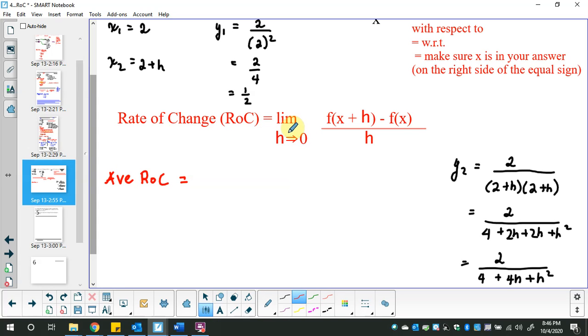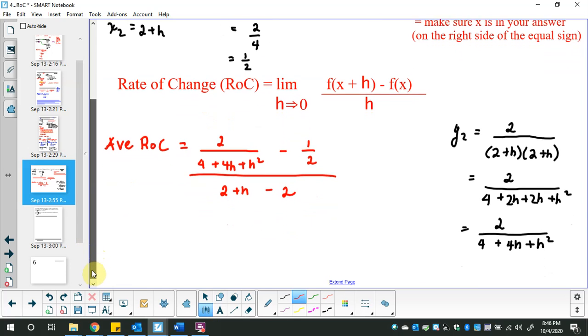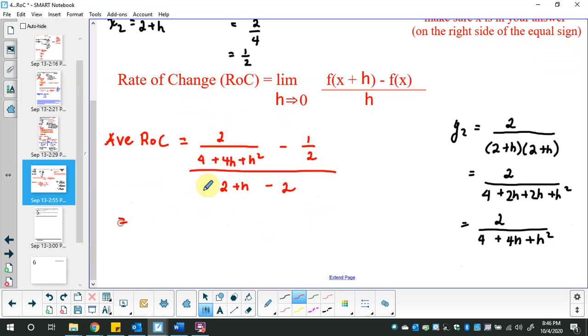And then I can do y2 minus y1 over x2 minus x1.